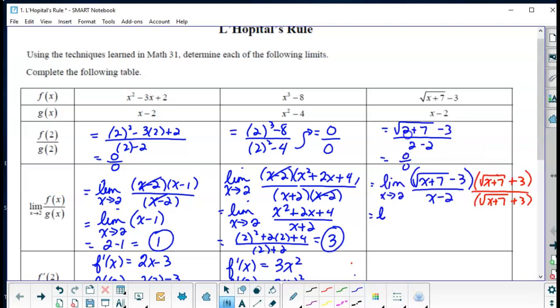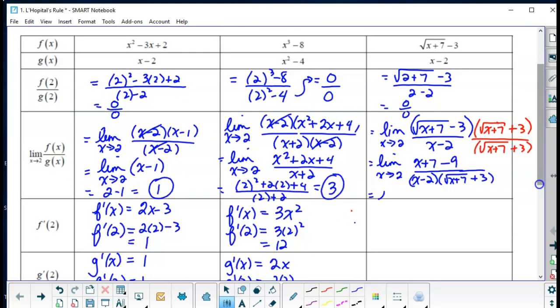And so then that will give us x plus 7 minus 9 over x minus 2 times root x plus 7 plus 3. And so that's going to be x minus 2 over x minus 2 times root x plus 7 plus 3.